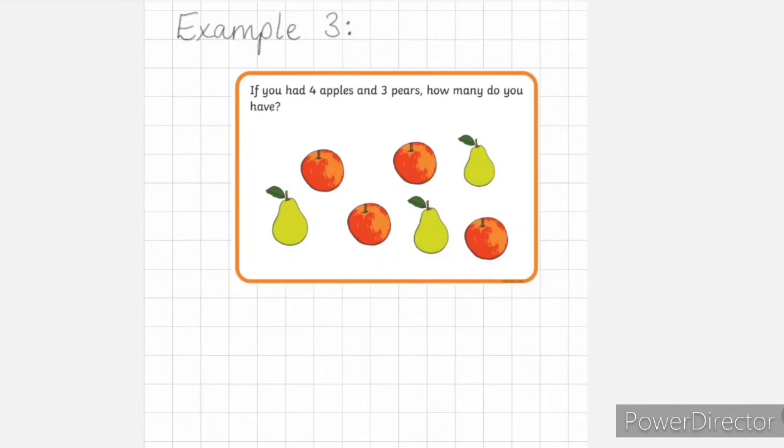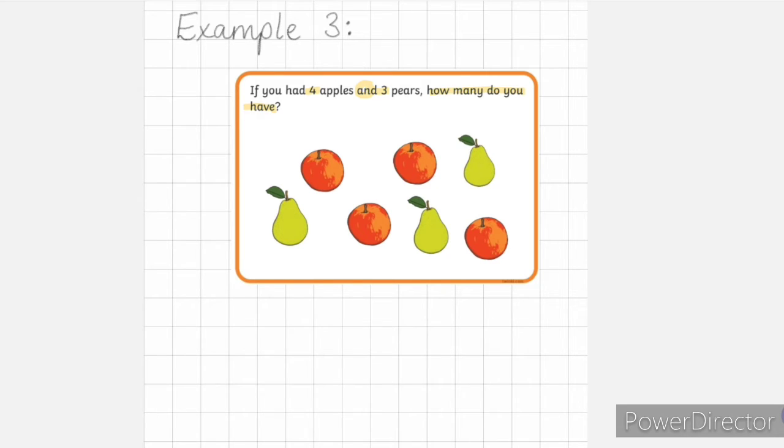Here we've got one more example of an addition or an adding question. The question says, if you had 4 apples and 3 pears, how many do you have? So it's asking about 4 apples and 3 pears, and it says, how many do you have? So in this question, we've got to think about having 4 apples and 3 pears.